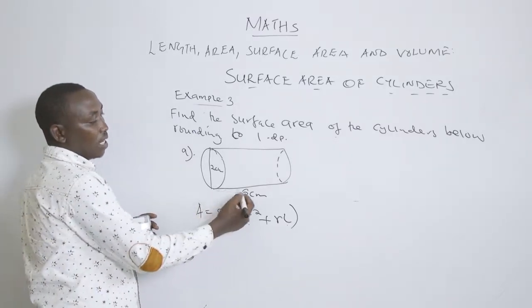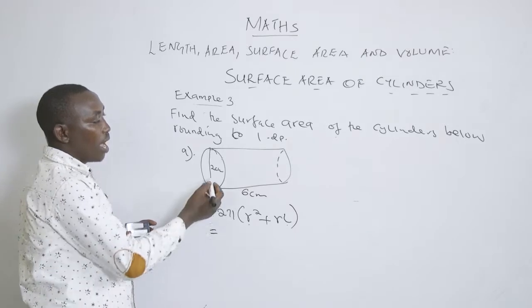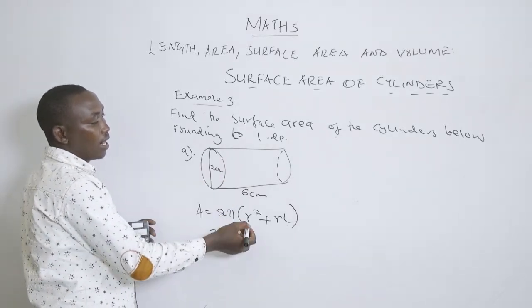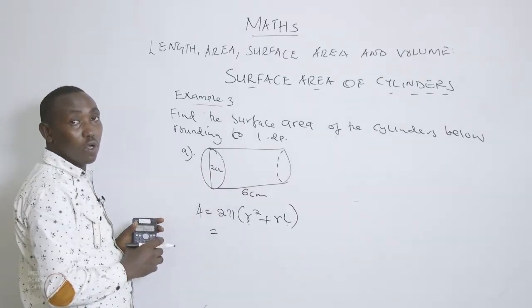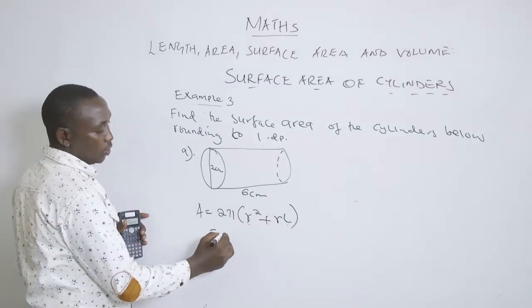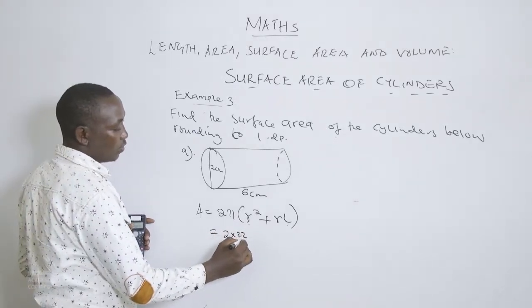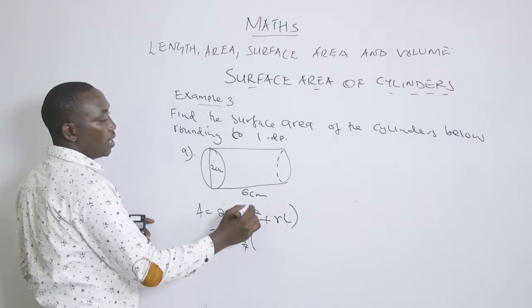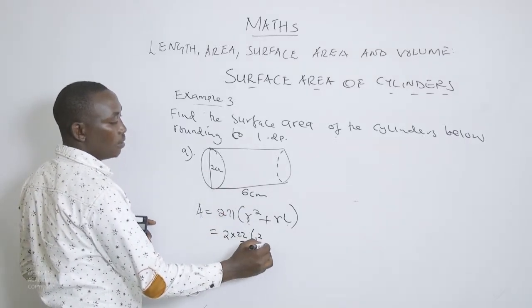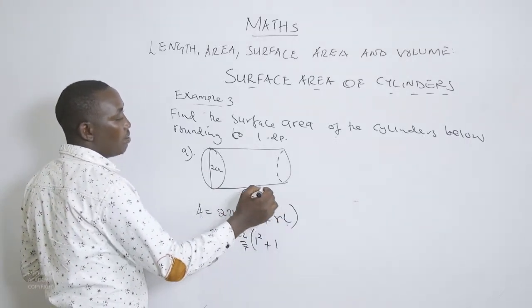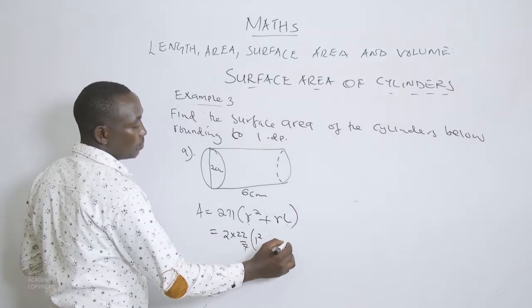In this case, our L is 6 units and our R is half of 2, which is 1. So this will be 2 multiplied by 22/7 into the square of 1 plus 1 multiplied by 6.